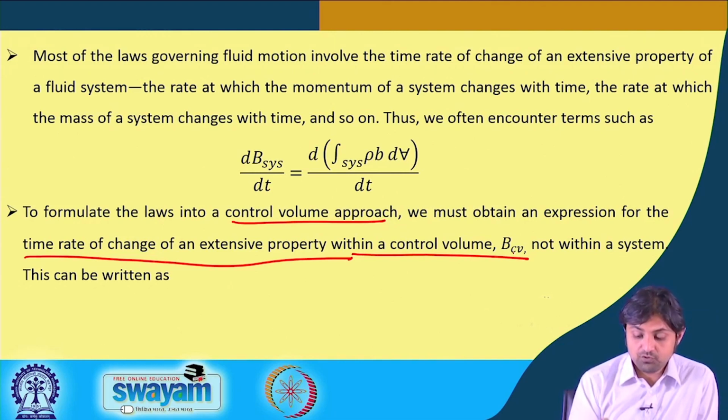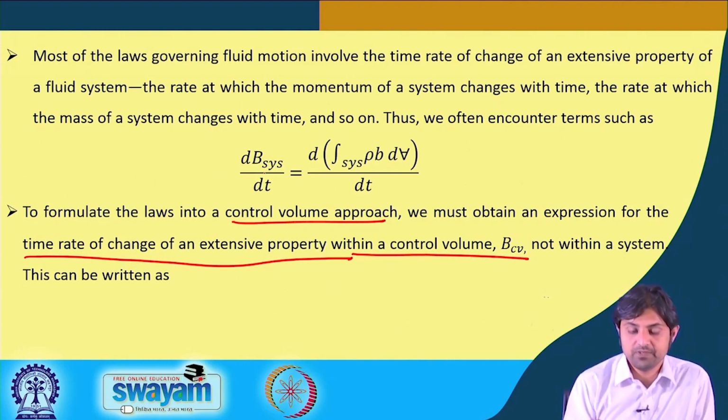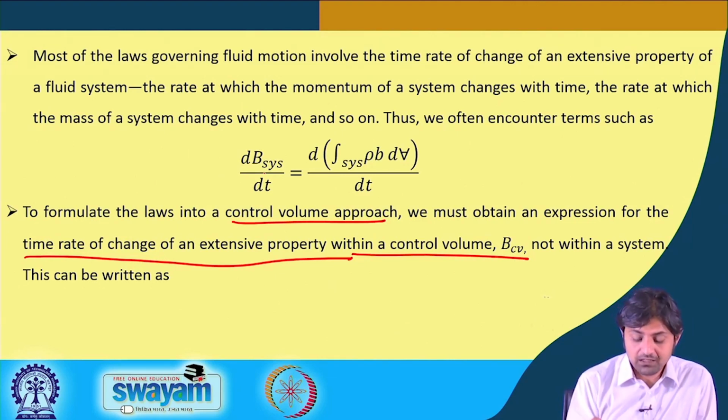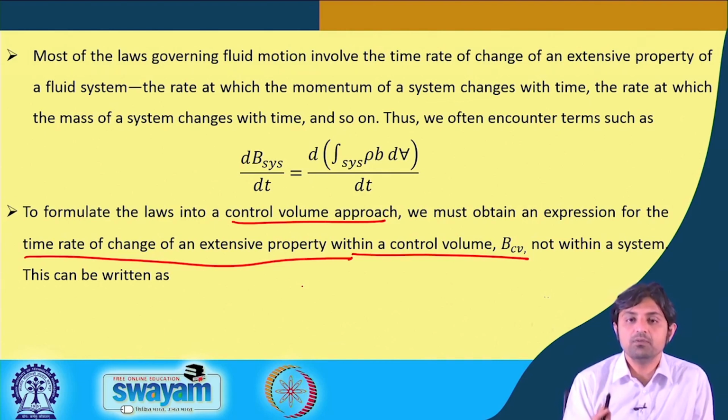Until now, we have written this extensive property in terms of a system, but to be able to formulate laws, we should write it not in terms of a system, but in terms of a control volume.